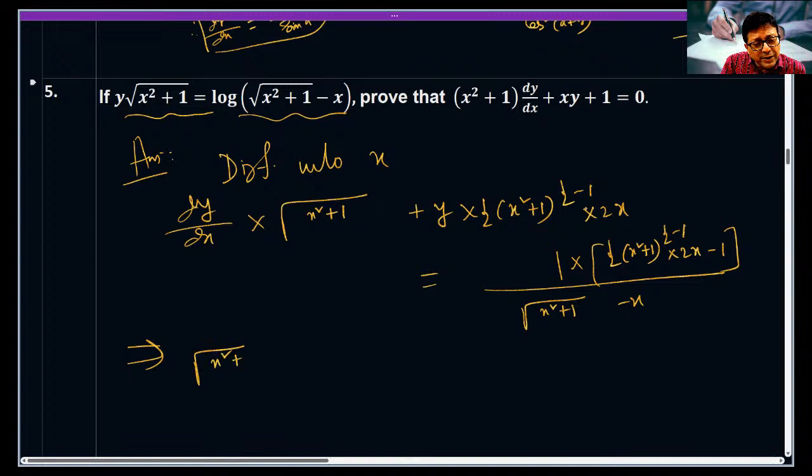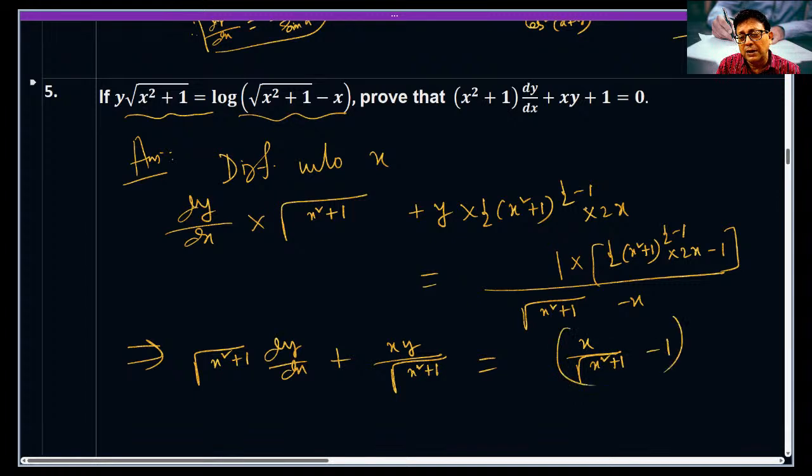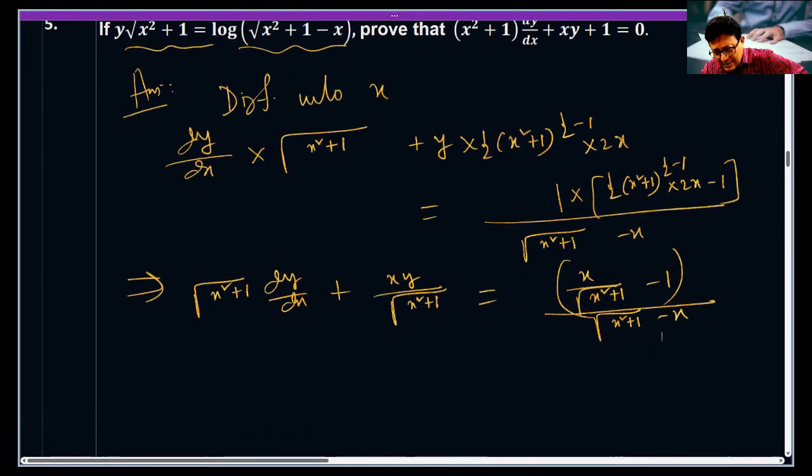So root of x square plus 1 dy by dx, xy by root, equal to x by root, that divided by minus x.